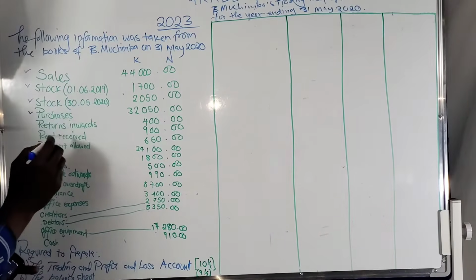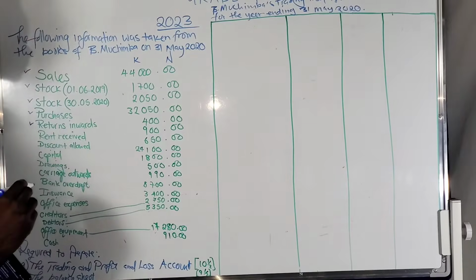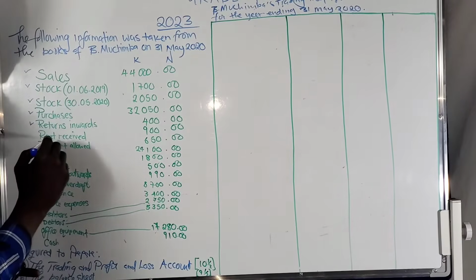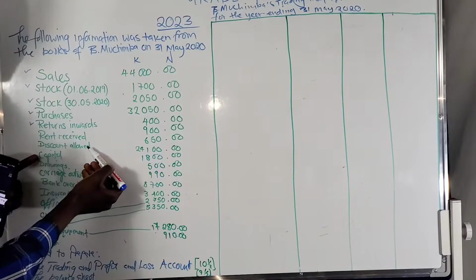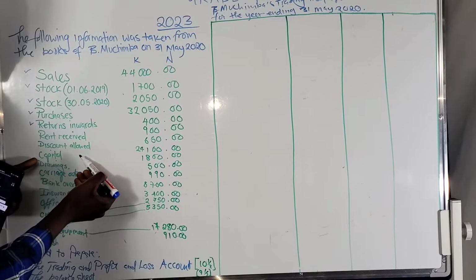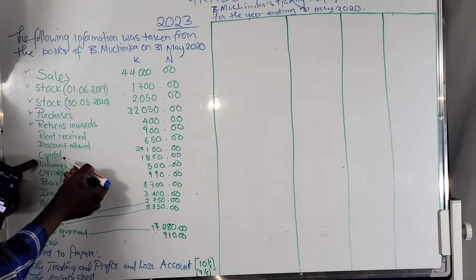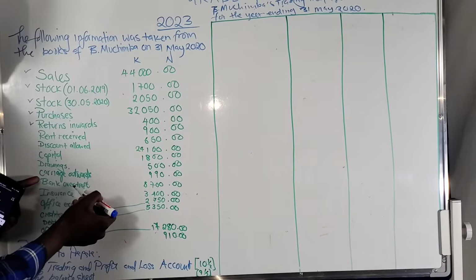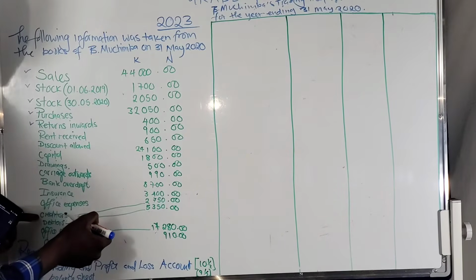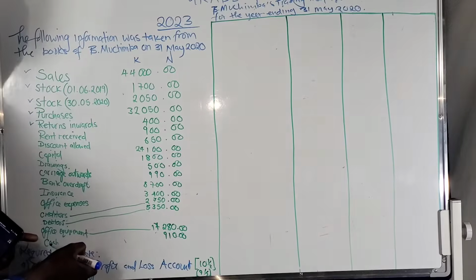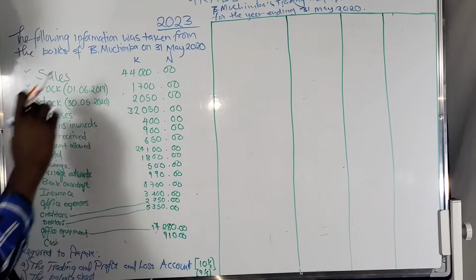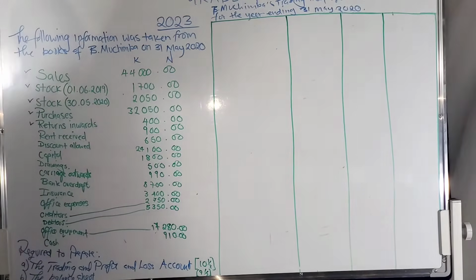Purchases will go to the trading account. Returns inwards will go to the trading account. Discount received, no. Discount allowed, no. Oh, this is rent discount, sorry. Capital, carriage outwards, bank overdraft, insurance, expenses, creditors, debtors, office equipment, cash. So these are the only things that go to the trading account.